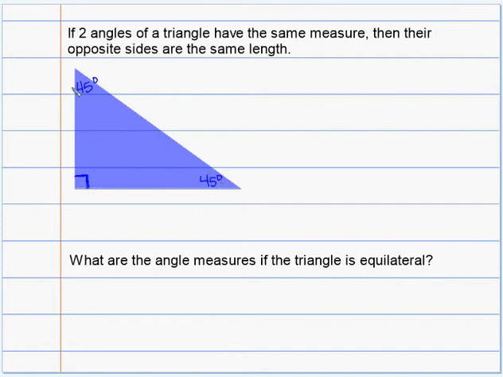Which then means, since this is 45 degrees, and this is 45 degrees, that these two sides are the same length. So this is the same as this side.